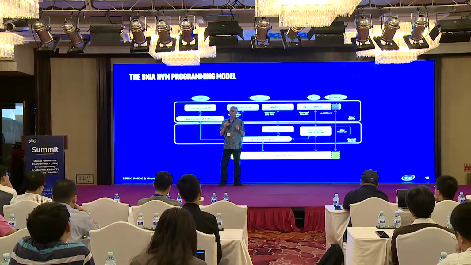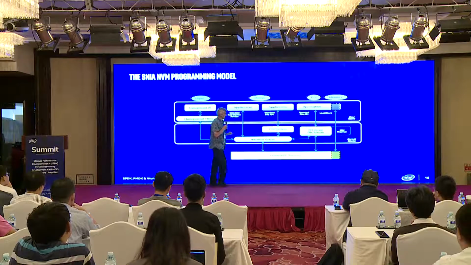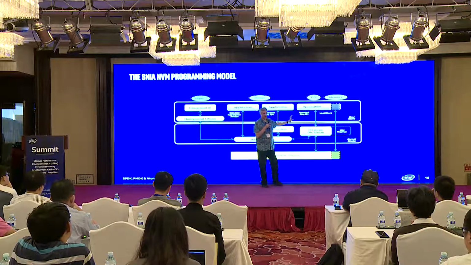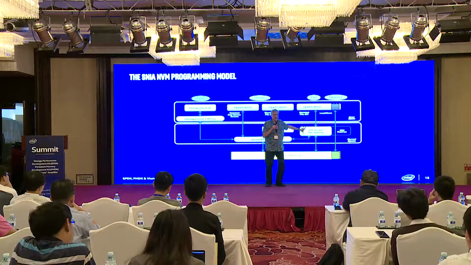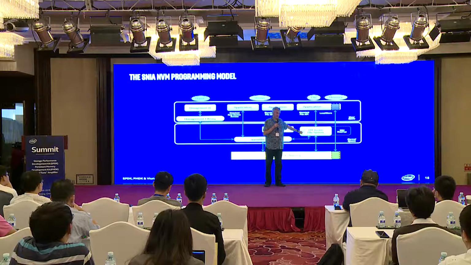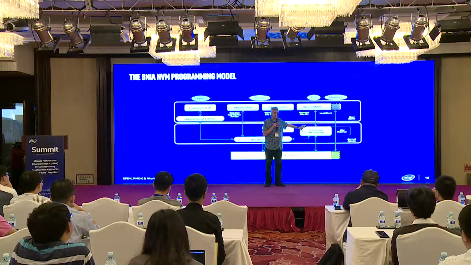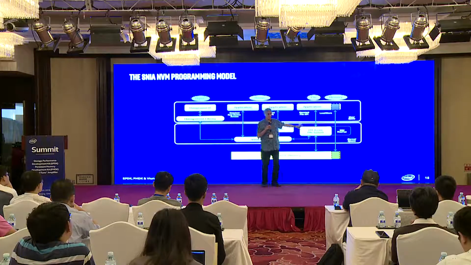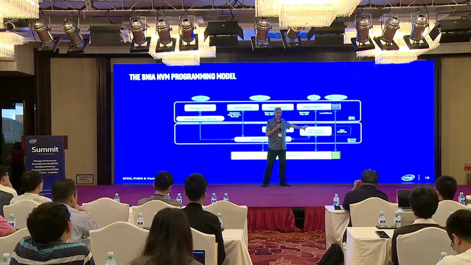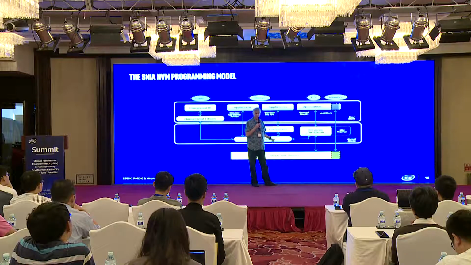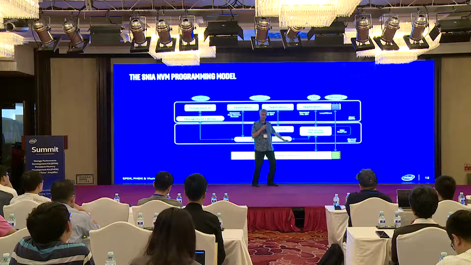But we can do better than that. Like I said, we can get rid of the software stack. And that's this right-hand side of the picture. In the right-hand side of the picture, we create this new thing, this green box here, called the Persistent Memory Aware File System. With the Persistent Memory Aware File System, when it starts up, it asks the driver, "Are you persistent memory?" And the driver says, "Yes, yes I am."